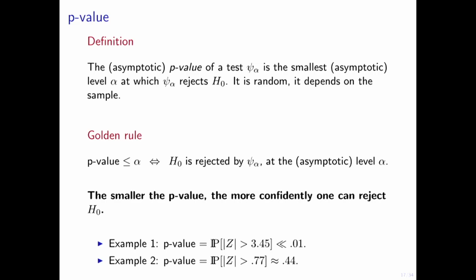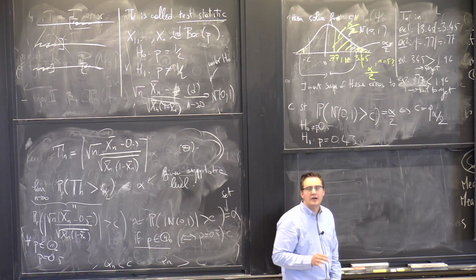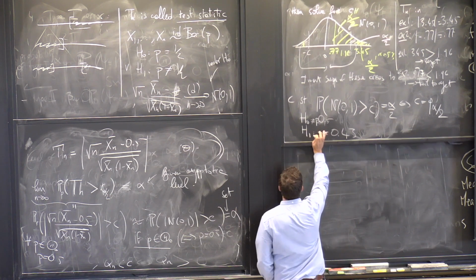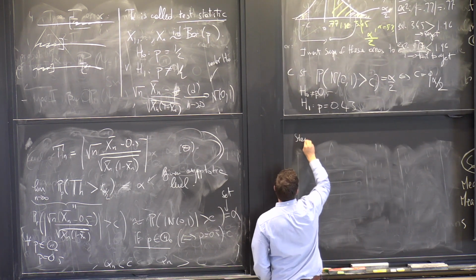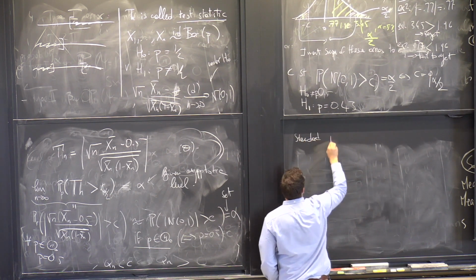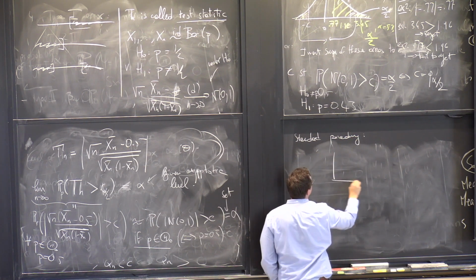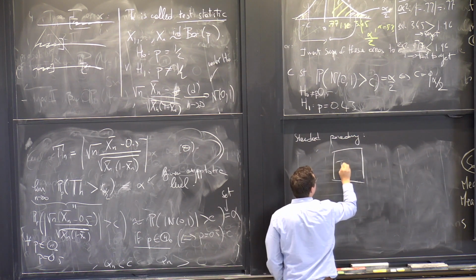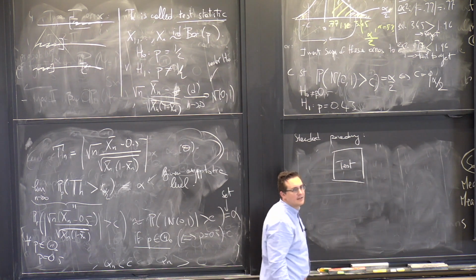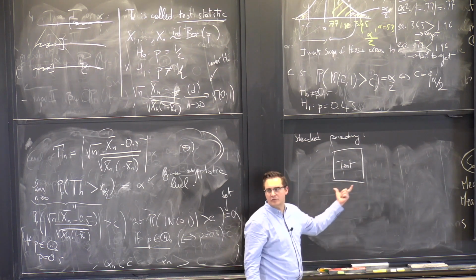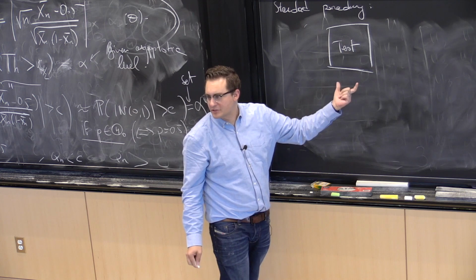So one thing that I'd like to show is just so you know how you apply the golden rule and how you apply the standard test. The standard paradigm is the following. You have a black box, which is your test. For my wife, this is the 4th floor of the building, that's where the statisticians sit.